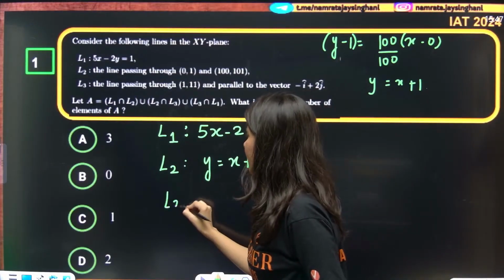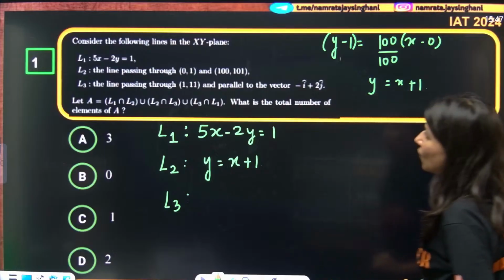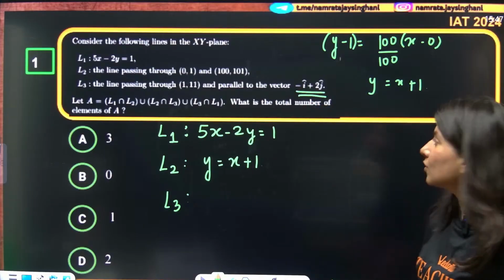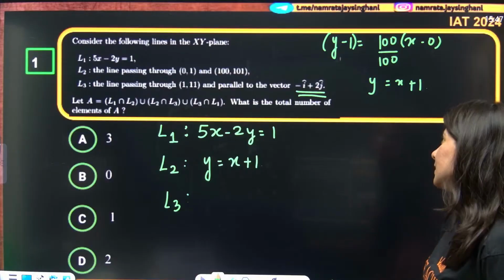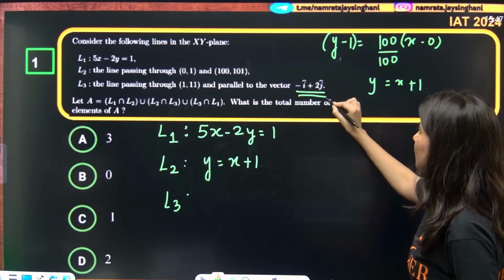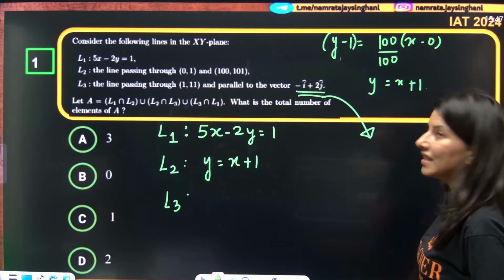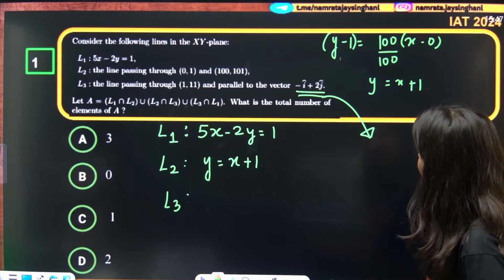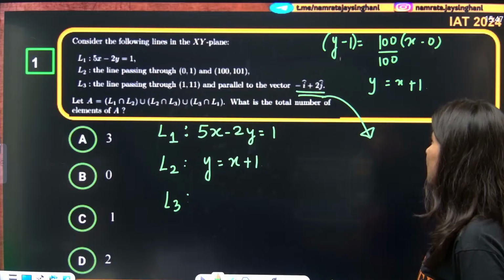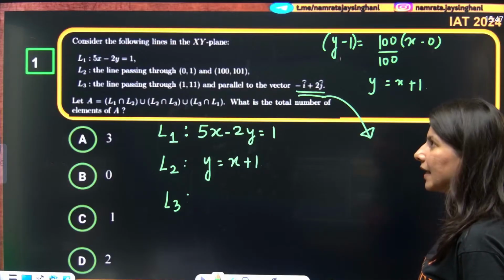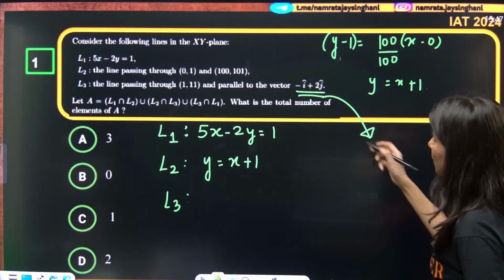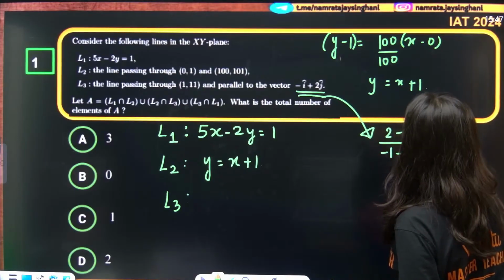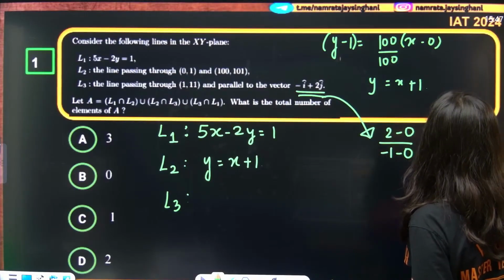L3 is the line passing through (1, 11) and parallel to this vector. The slope of this line you can calculate as 2 minus 0 upon minus 1 minus 0, so minus 2 is the slope.